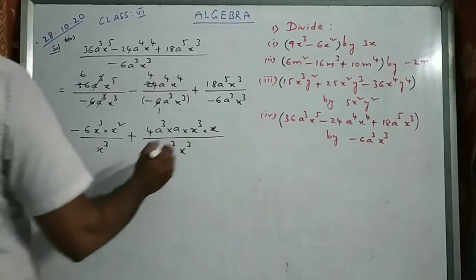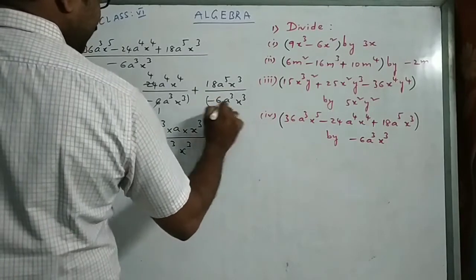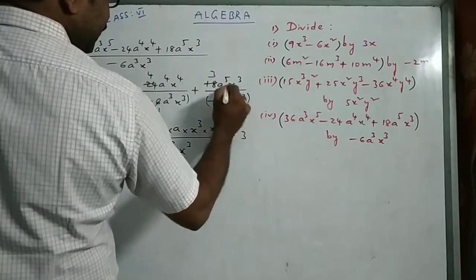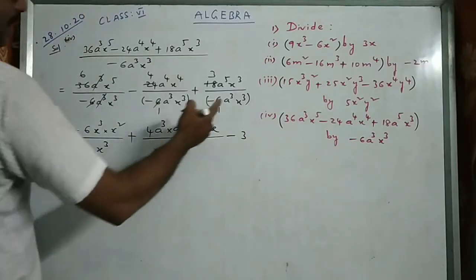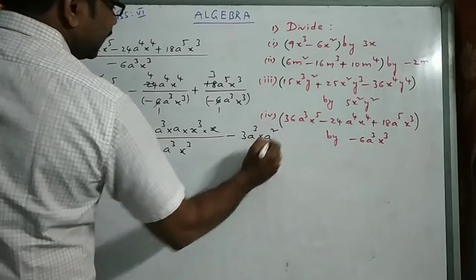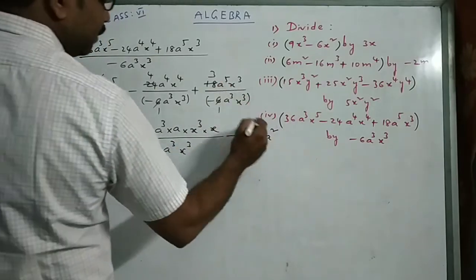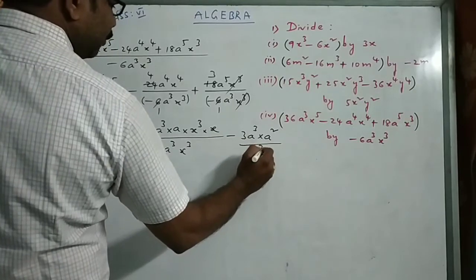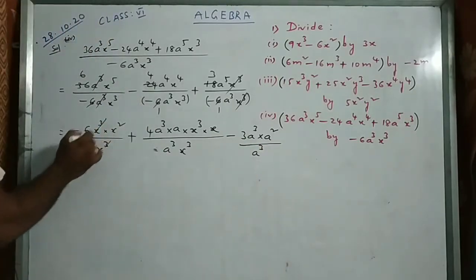You can cut that. Plus into minus, minus, 6 threes are 18, so 3. Here a to the power 5 is there, here a cube is there, so I can write a cube into a square. 3 plus 2, 5 only, no. So x cube anyway cancel, by a cube is there.